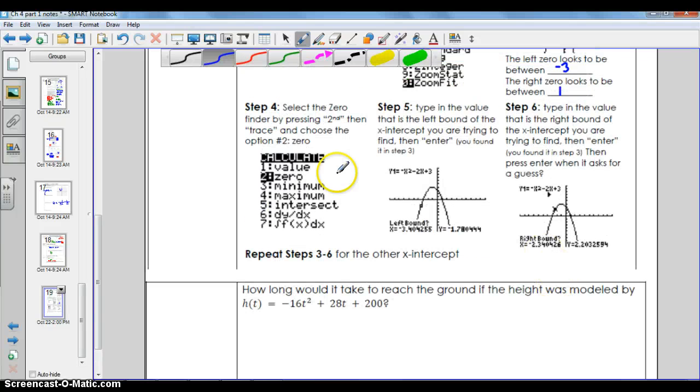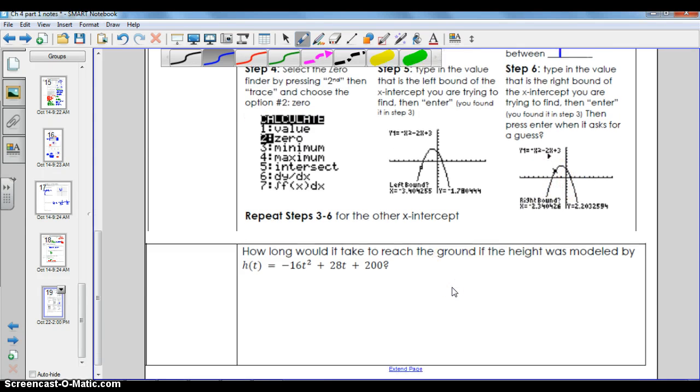All right, so step 5 was when we went to the left, and then step 6 was when we went to the right, and we actually found that 0. And then we repeat that same thing to find the other 0, since we can see that there's 2.